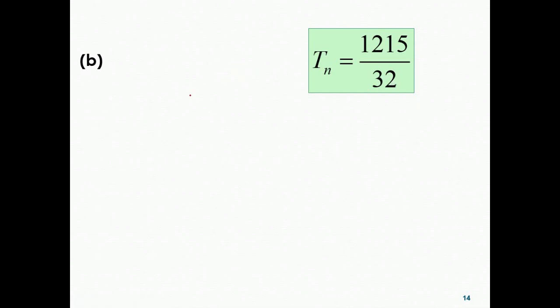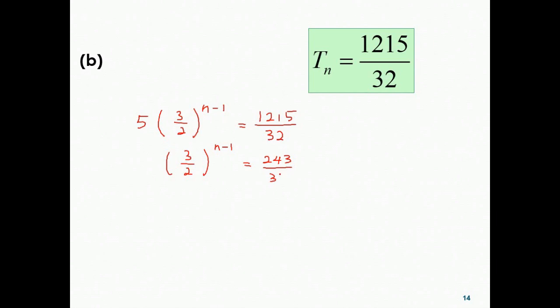So, using the formula given, Tn is equal to 5 times (3/2) to the power of n minus 1, which is 1215 over 32. Then we have (3/2) to the power of n minus 1 equal to 1215 over 32 divided by 5, which equals 243 over 32.